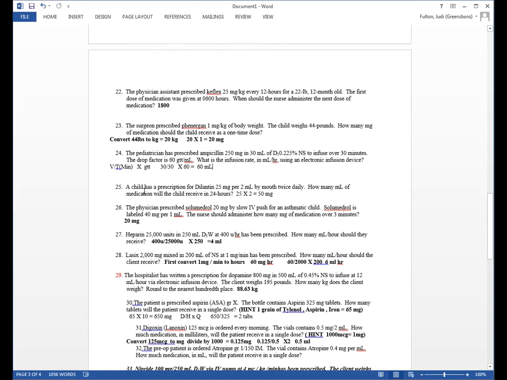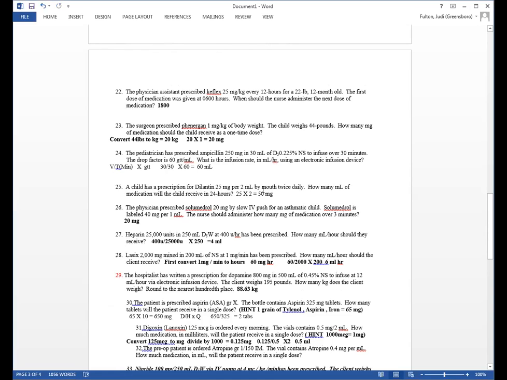Let's look at this one. A child has been prescribed Dilantin, 25 milligrams per 2 milliliters. How many milliliters of medication will the child receive in a 24-hour period? We need to look at this. So our desired is 25. Actually, we don't even need to do all that math.